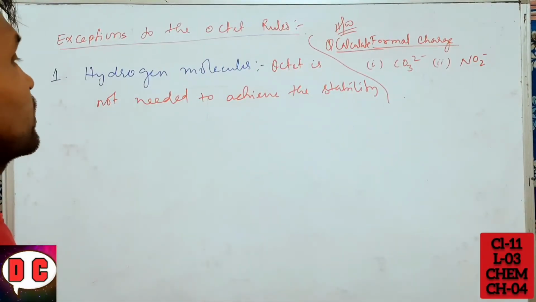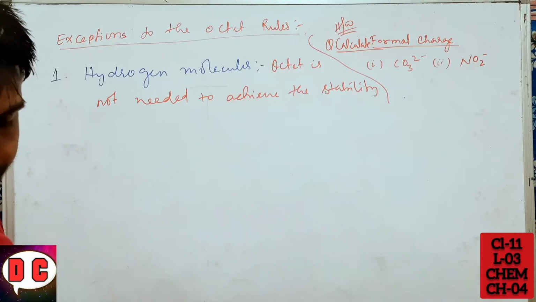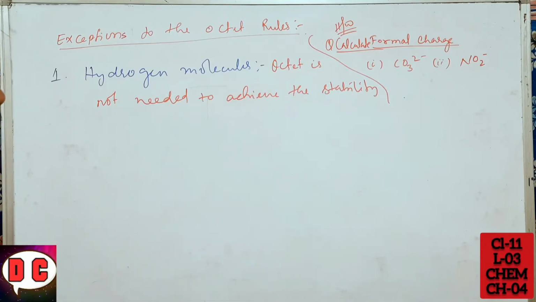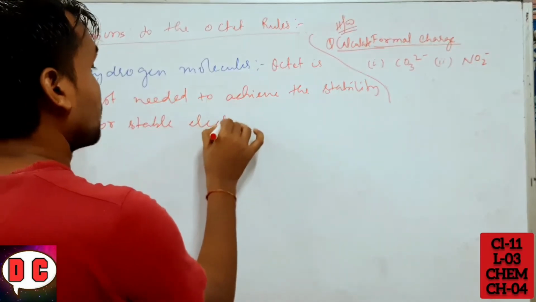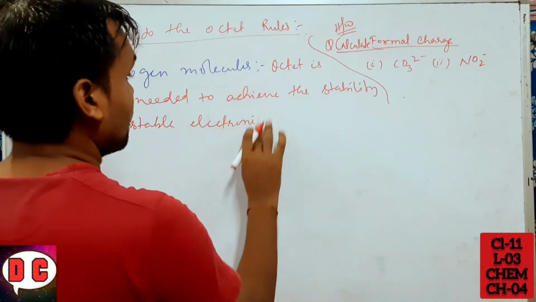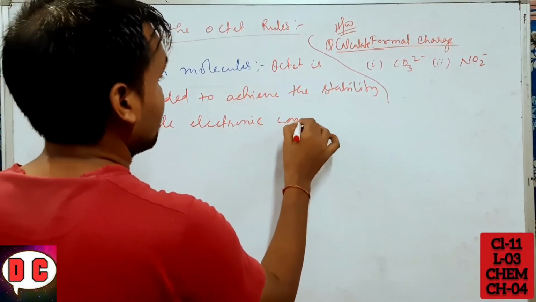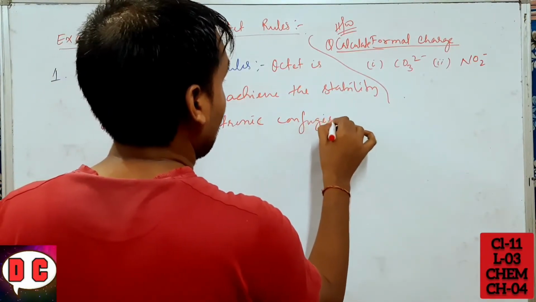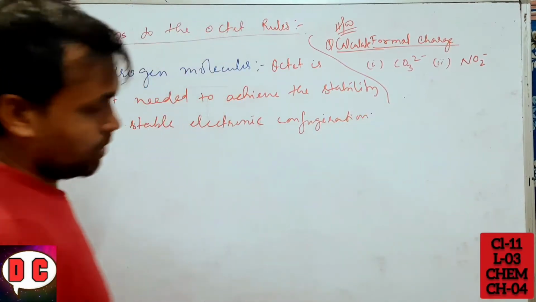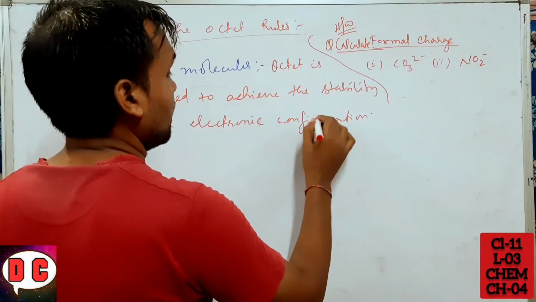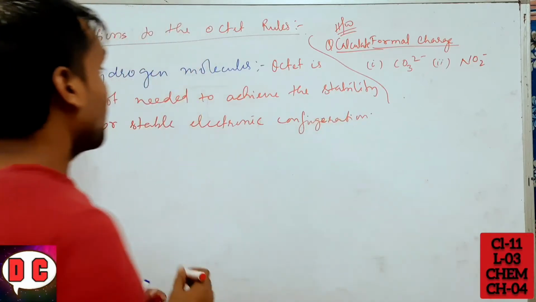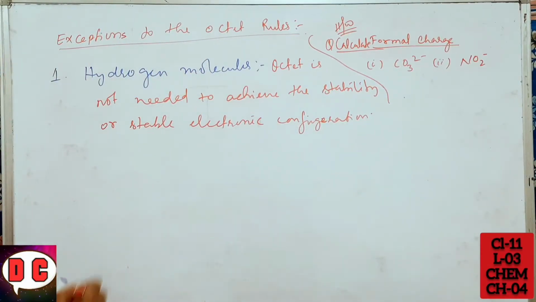In the hydrogen molecule, the octet rule is not needed to achieve stability, or you can write, to attain the stable electronic configuration. Got it? So this was the first exception made in the octet rule.